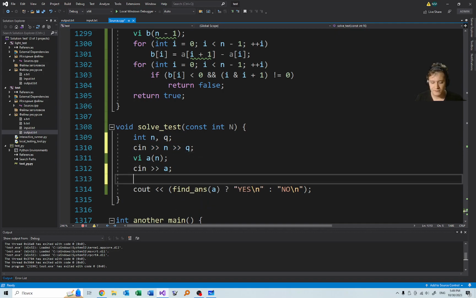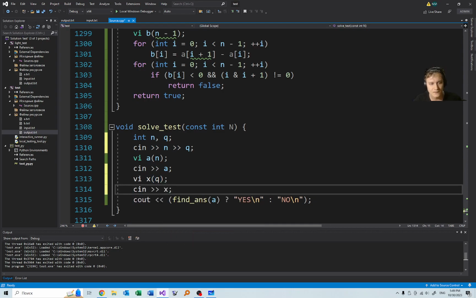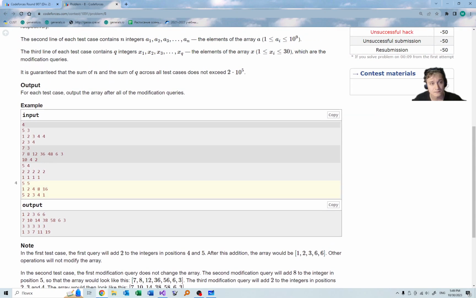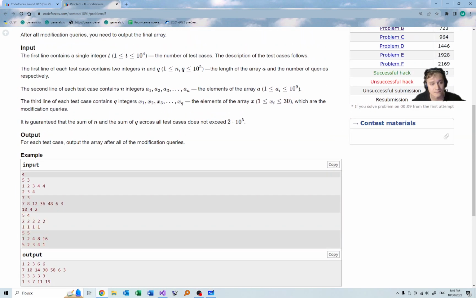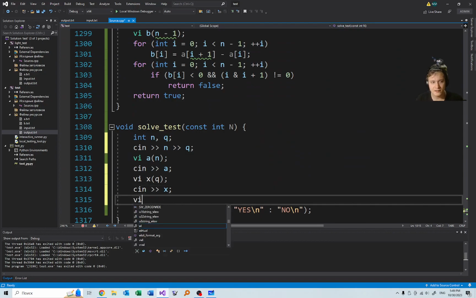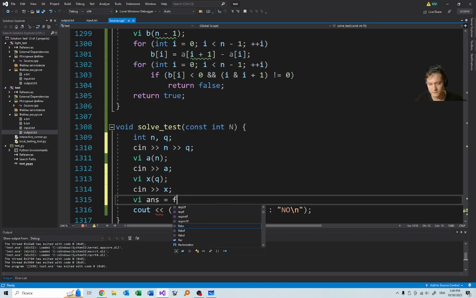We read a and we read x. Then we print the array. So we have ans equals find dance of a and x.